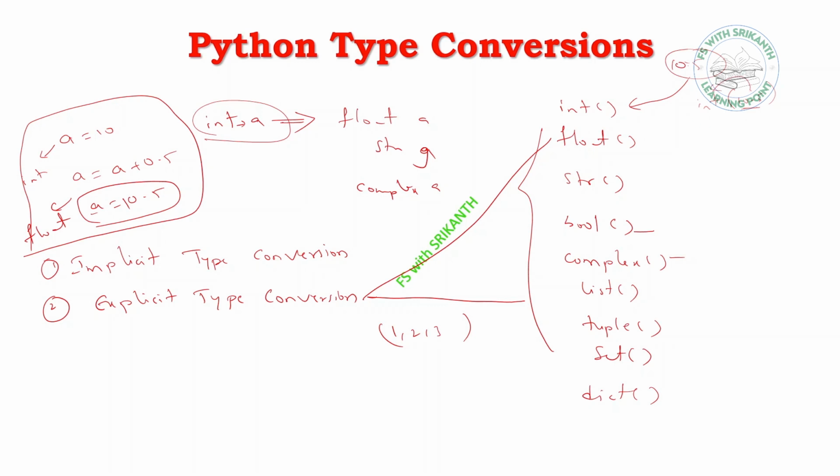It is very simple: the 0.5 is ignored and it prints 10 only. In the same way, different types of values can be converted using these different methods. So we need to discuss all these types clearly.